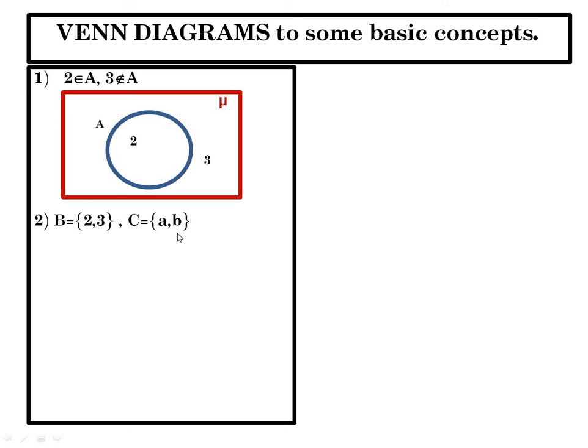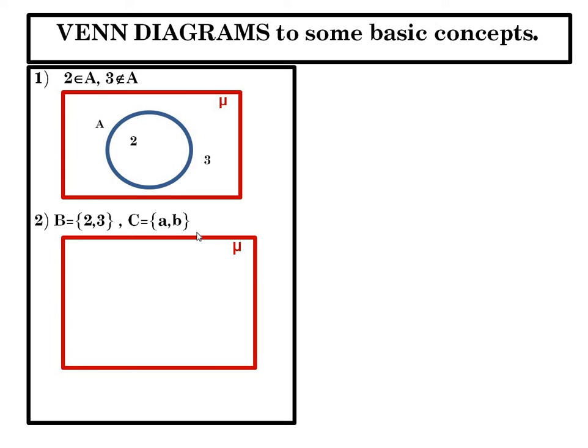So in this case, first you draw the universal set, that is the rectangle. Next, B and C are two different sets, therefore you draw two circles which are not touching or intersecting one another, like this.